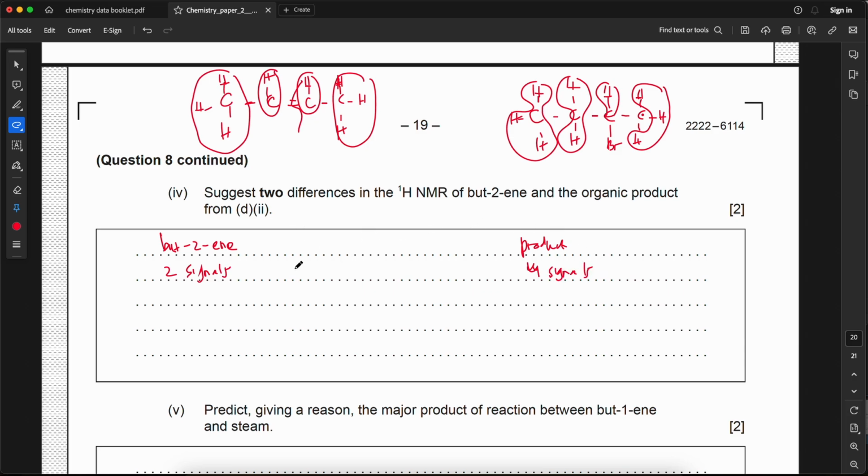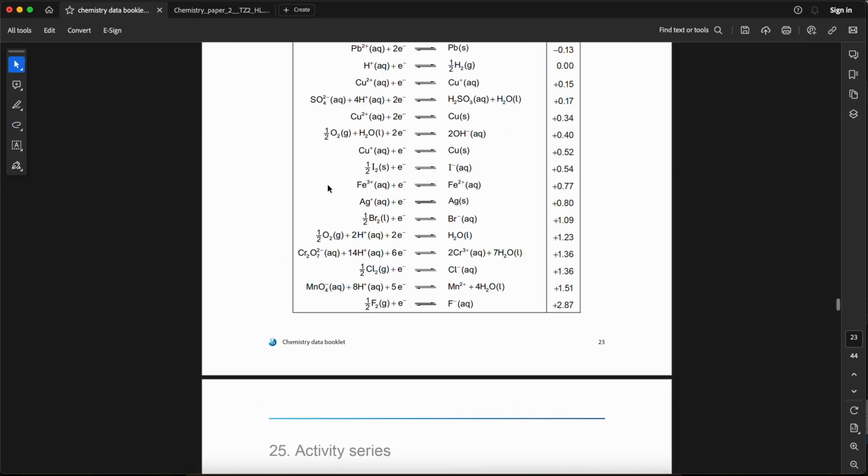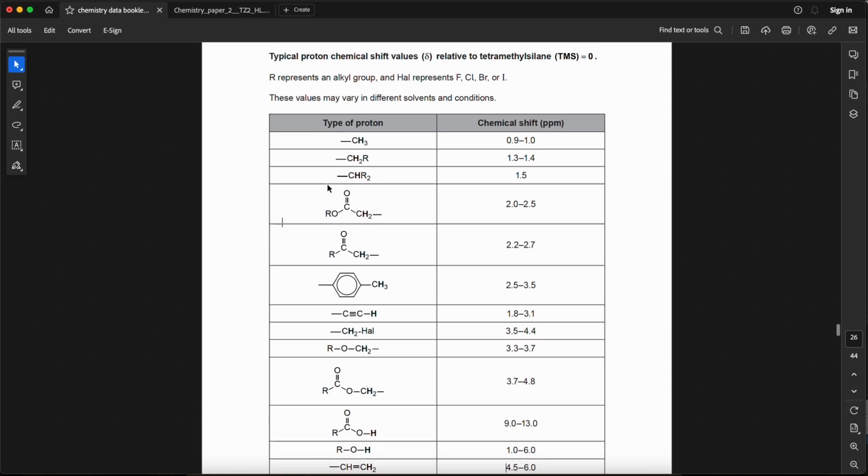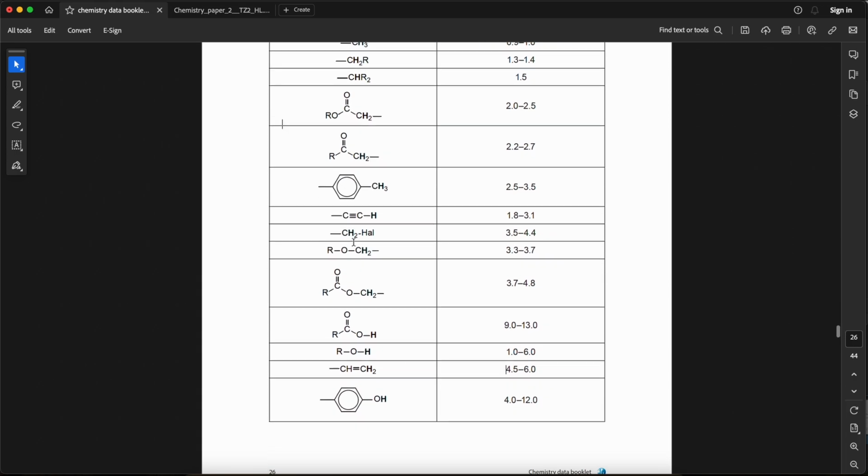And the chemical shift will also be different. As we can see on the chemical shift here, the first one, butene, is 4.5 to 6 because it's a double bond. And for the product, it has a halogen, so between 3.5 to 4.4.